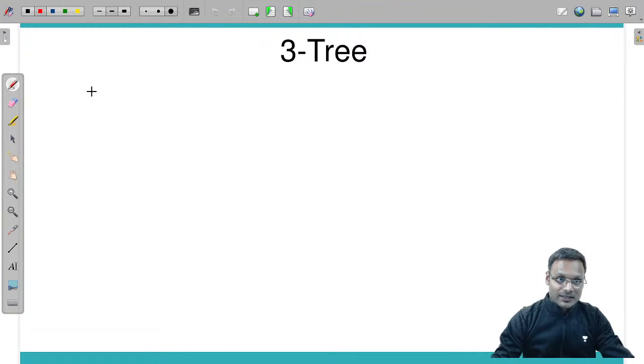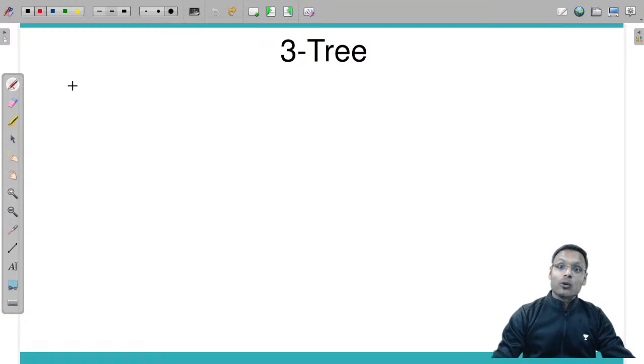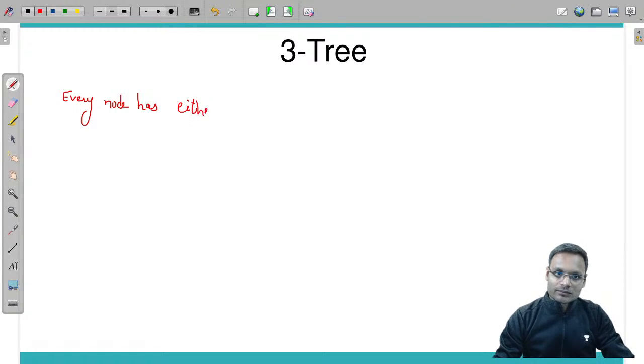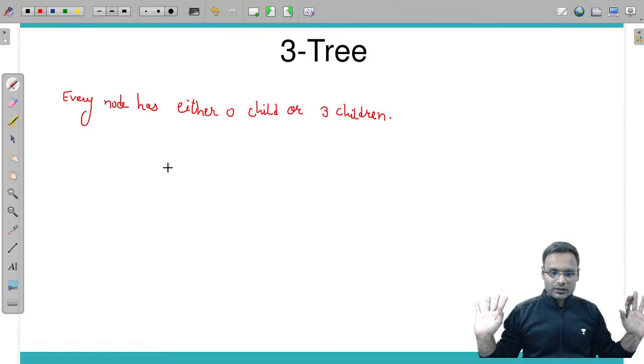A 3 tree says every internal node will have 3 children, means every node has either 0 children or 3 children. Every node has either 0 child or 3 children. Every internal node having 3 children.